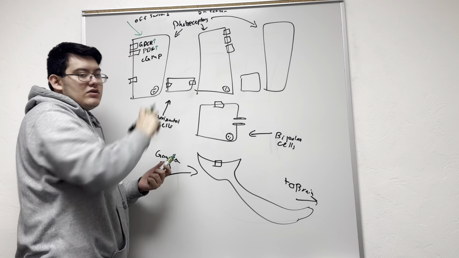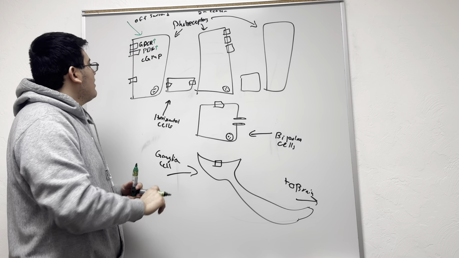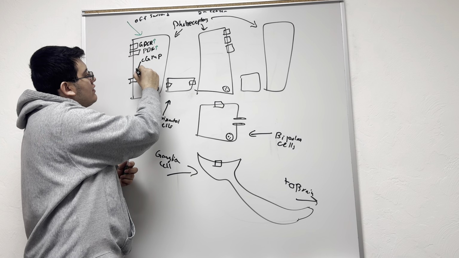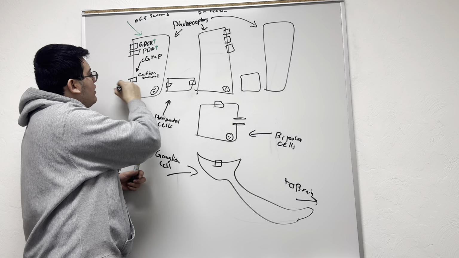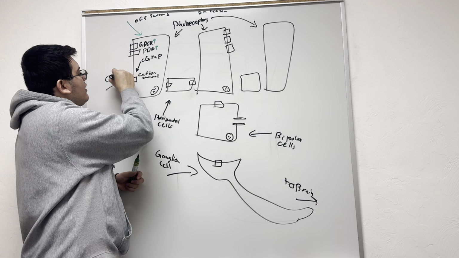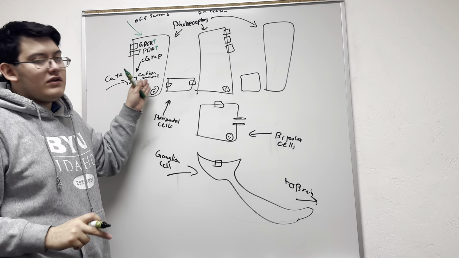Now, what does cyclic GMP do? Cyclic GMP opens the cation channel here, and the cation channel allows calcium to come into the cell.